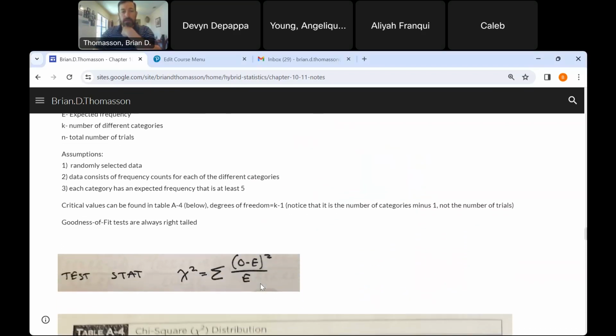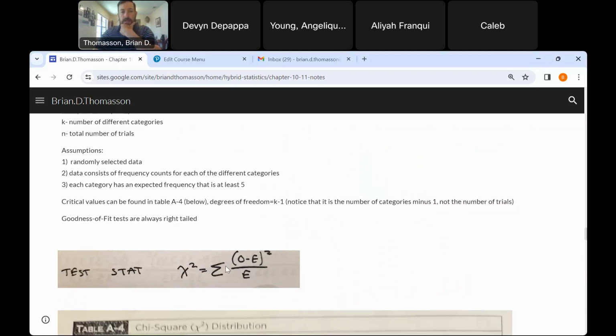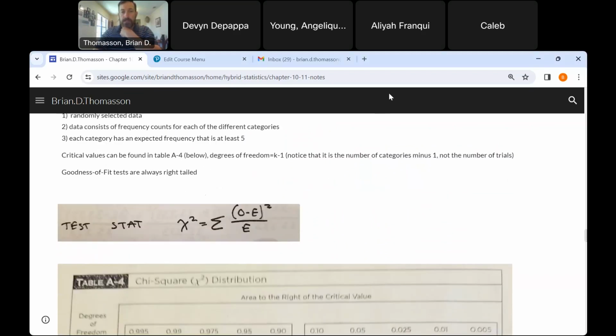Okay. We have this new test statistic. This is called chi-squared. To calculate it, we take the observed and the expected from each one of those. Like we were expecting 25 in each one of the corners, and for the front tire, we observed 48 flat tires in the front.